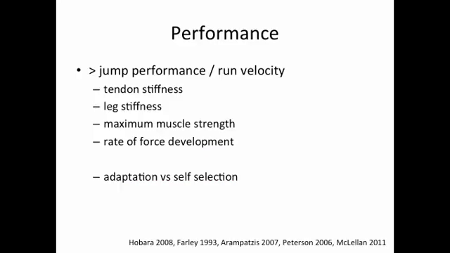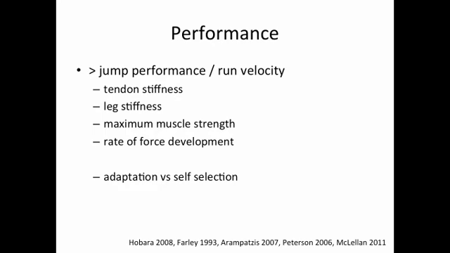Okay, so performance is also related to a lot of these factors we've been talking about. If you're looking at people jumping and running type performance, stiffness of the tendon will generally give you better performance. Leg stiffness, so this is now looking at the amount of joint excursion. We know that sprinters have much greater leg stiffness, and people that jump higher tend to have greater leg stiffness.